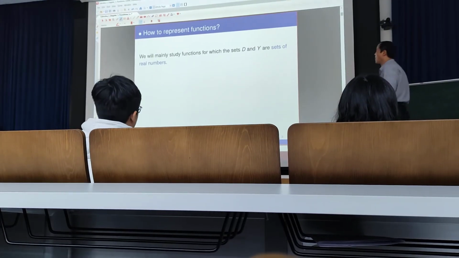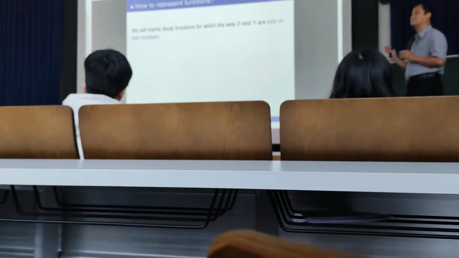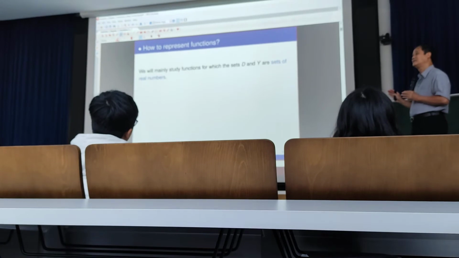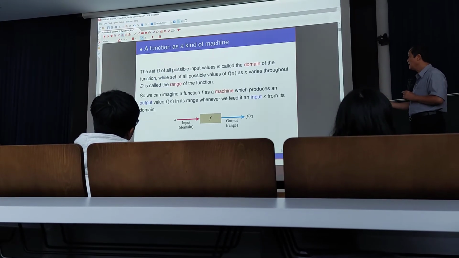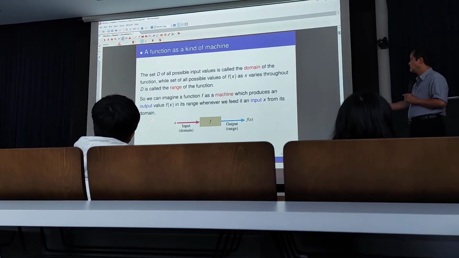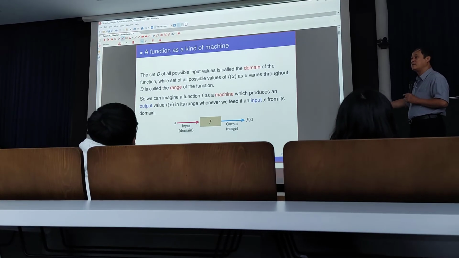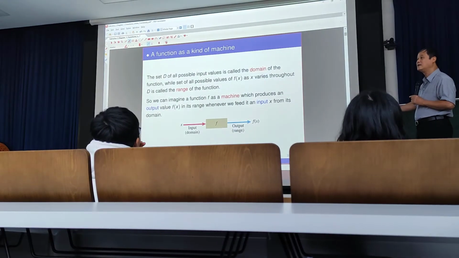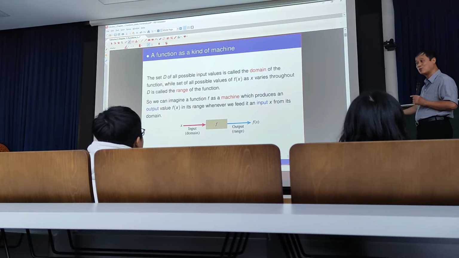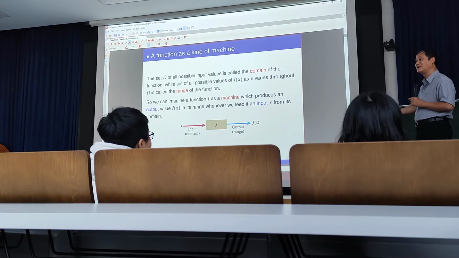Here, in general, D and Y are sets, arbitrary sets. For example, you can have D as the students and F, her or his name, is also a function. Right?